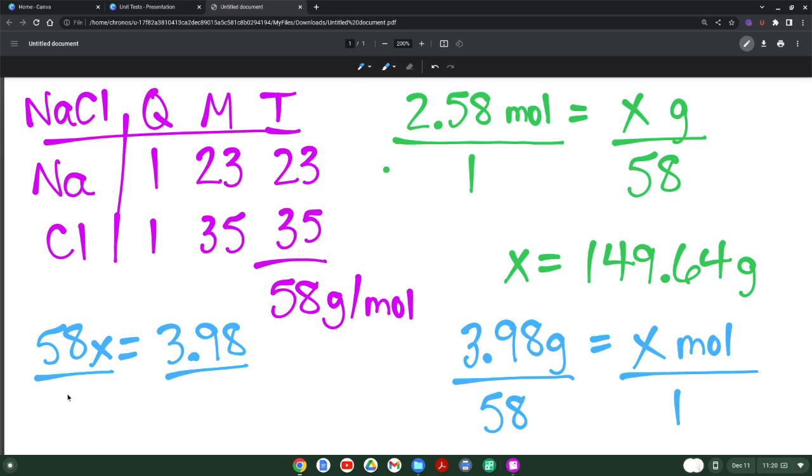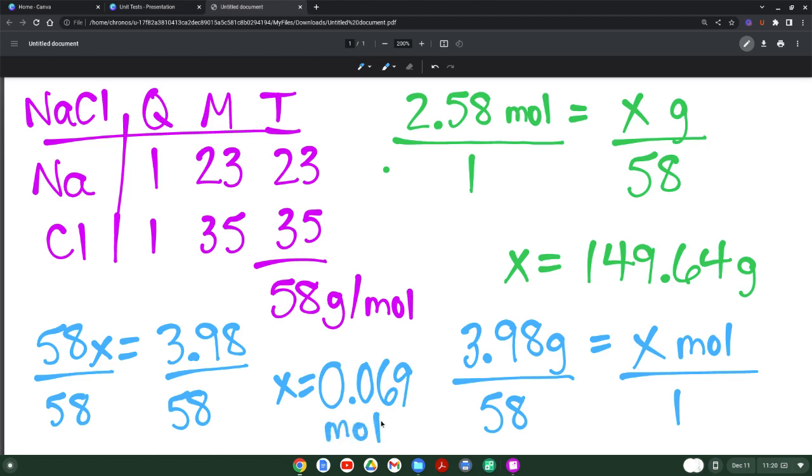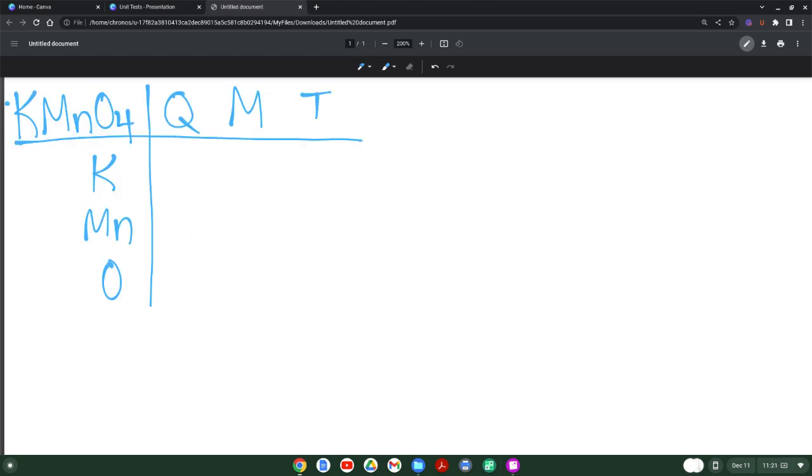Divide both sides by that 58 to get the x by itself. And then x is going to be a very small number. 3.98 divided by 58 is equal to 0.069 moles.